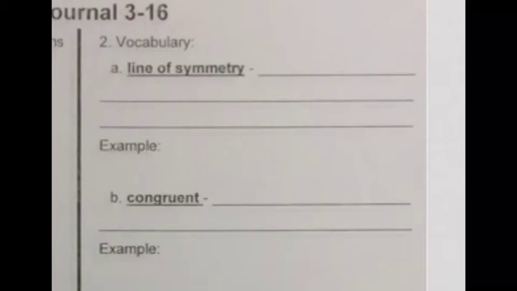All right, on worksheet 3-16, number 2, vocabulary, line of symmetry. Your definition is to include that it's a line that cuts a shape in half where both halves are identical, or they can fold on top of each other.